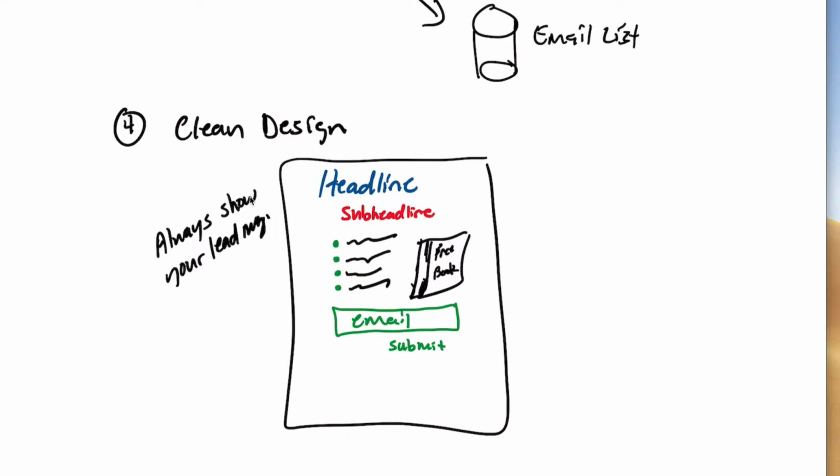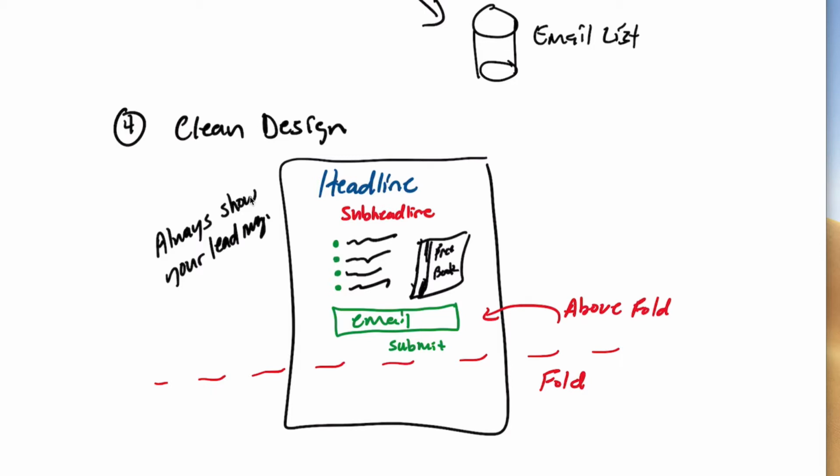Another thing that we want to look at is, if this is the fold, always have this above the fold. That means your opt-in box, where you're asking someone for their email address, should always be above the fold, meaning they should not have to scroll down to see everything.